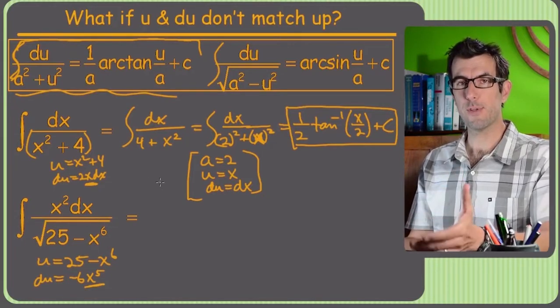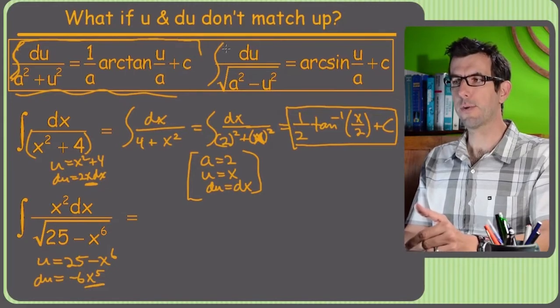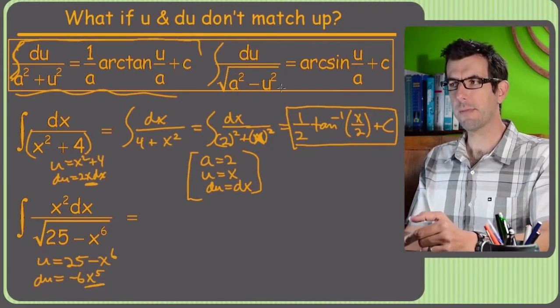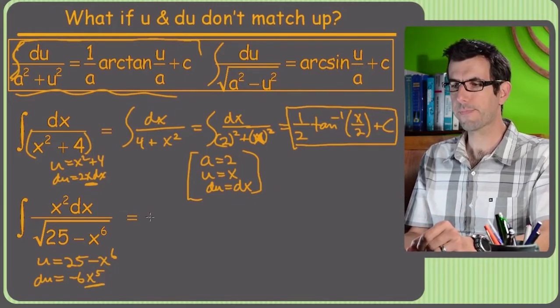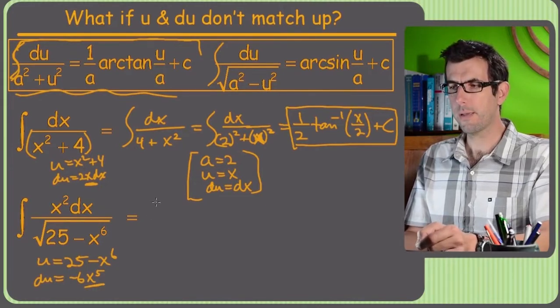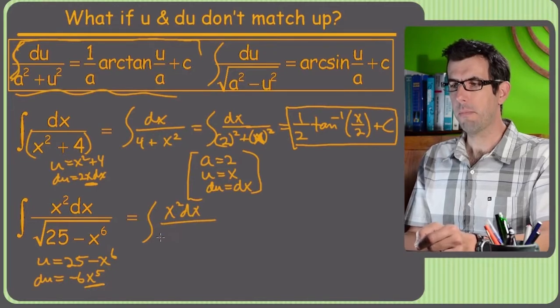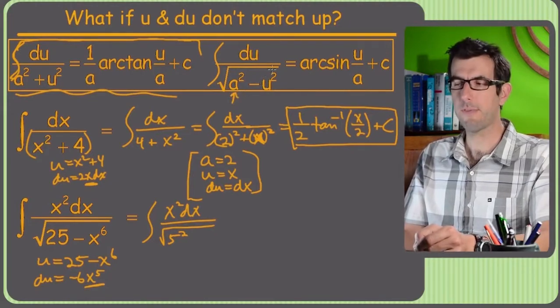But if you know your inverse trig function integrals, you might remember this puppy. The integral of something over square root of something squared minus something squared is arcsine. So let's try and plug and chug through that. I'll still have x squared dx upstairs, not sure what to do with that yet. But downstairs I'll rewrite that 25 as 5 squared, because that emphasizes that my a is equal to 5.